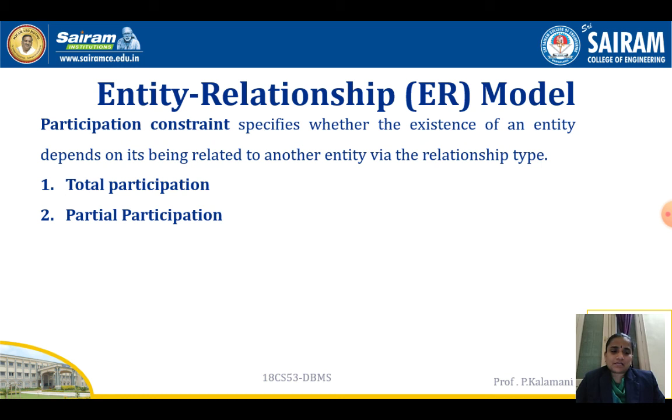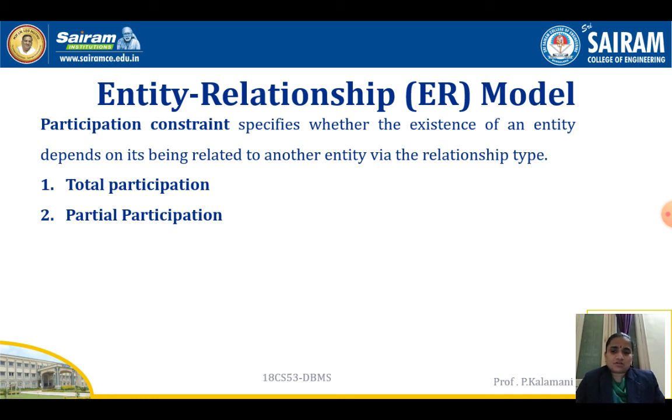So that is called total participation. Completely all the employees are participating in the relationship type works for. But if you take employee and department, and the relationship is manages, among that employee community only very few employees will be the managers. So that is called partial participation.